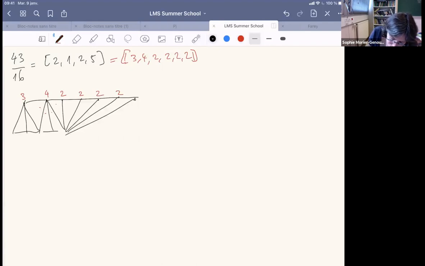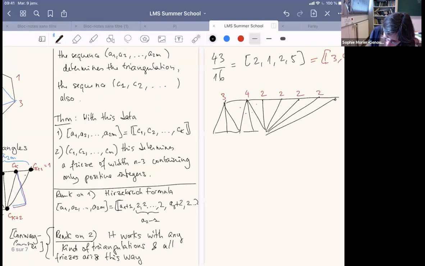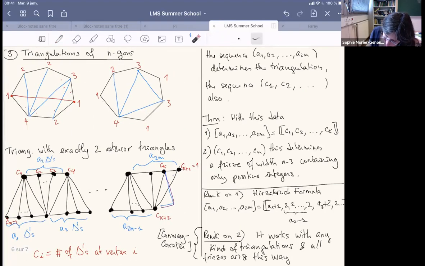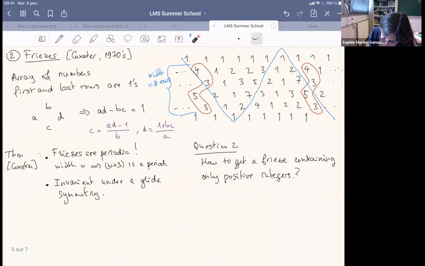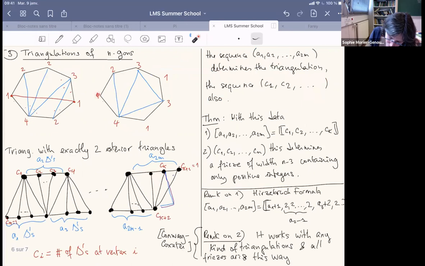And if you want to practice the theorem, this is the first row of a frieze. So take these numbers, 1, 2, 2, 3, 1, 2, 4. It was the one coming from this frieze. So let's practice on this one.